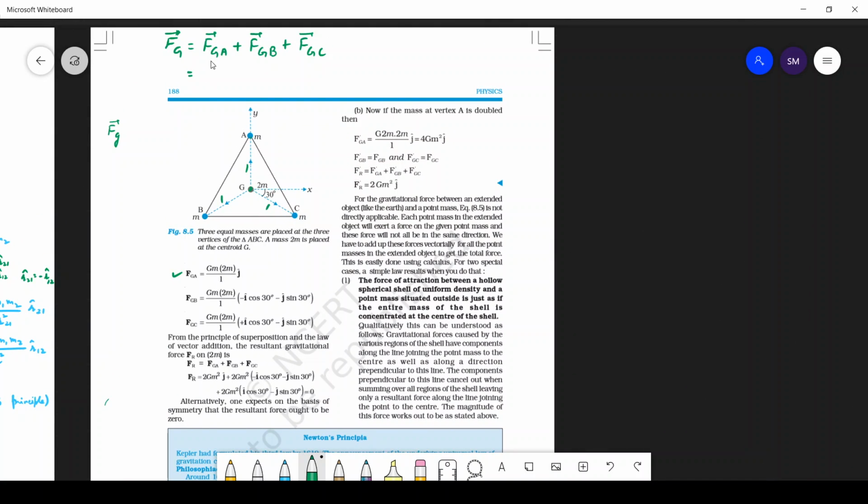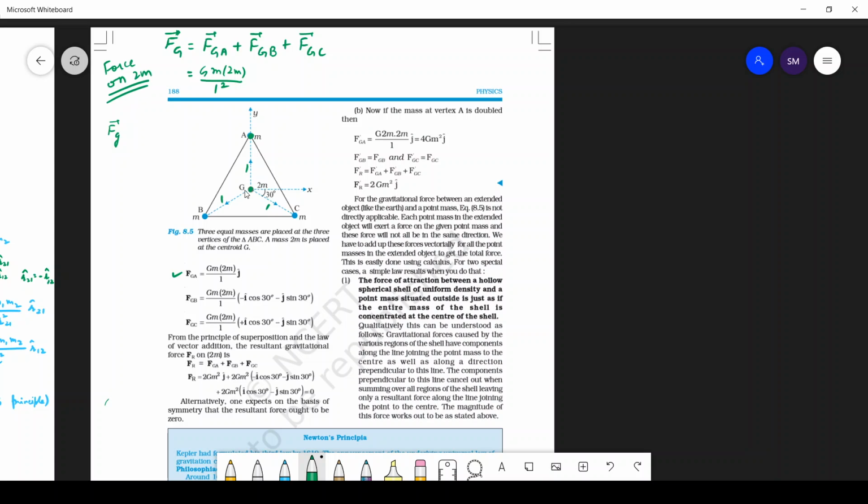So FGA is equal to G M1 M2, the product of both the masses divided by the distance squared. How much is the distance between A and G? The distance is 1 meter, so 1 square. Okay, and then this is the magnitude. Now this is a vector, so magnitude into its direction by unit vector. So we are finding the force on 2m.